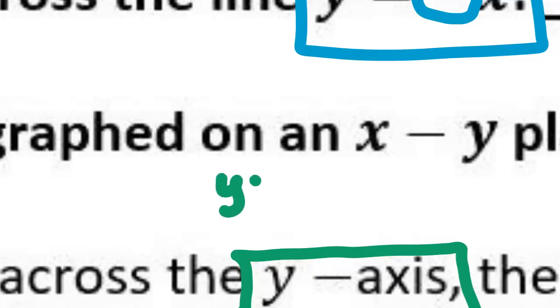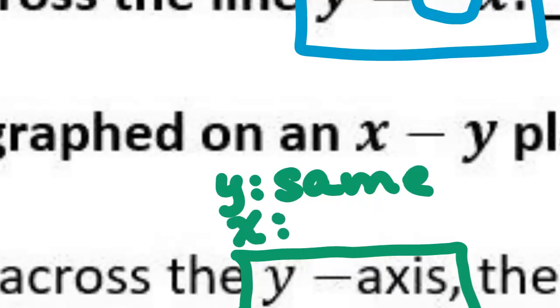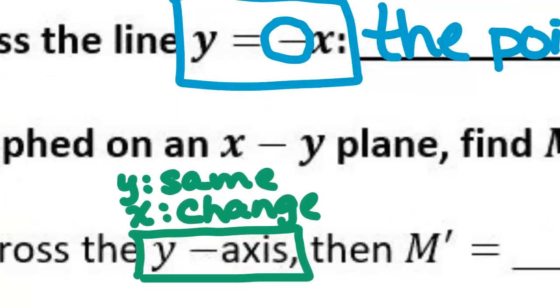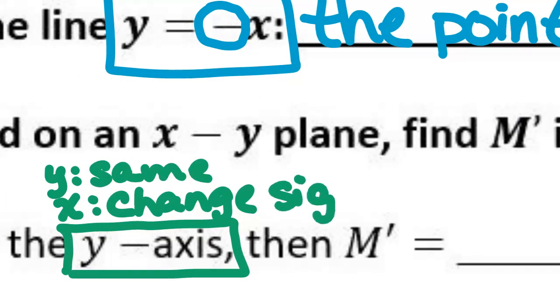Y stays the same, and x changes signs. So if x is changing signs and y is staying the same, what would M prime be then? Negative 4, negative 7, yes.